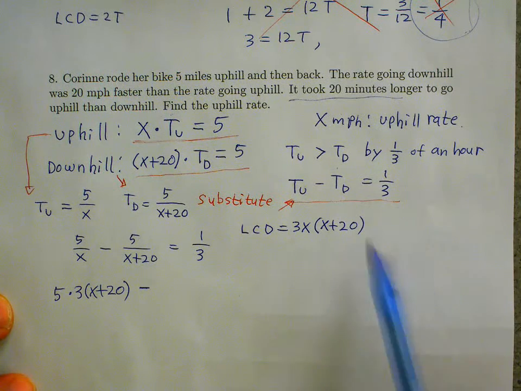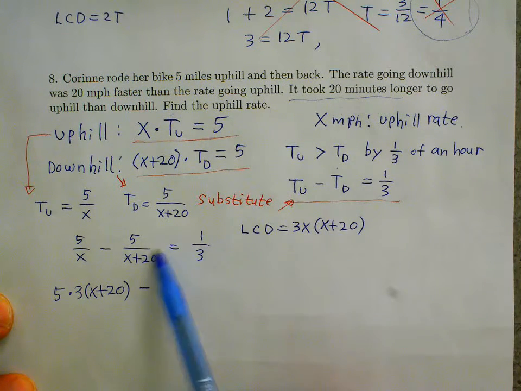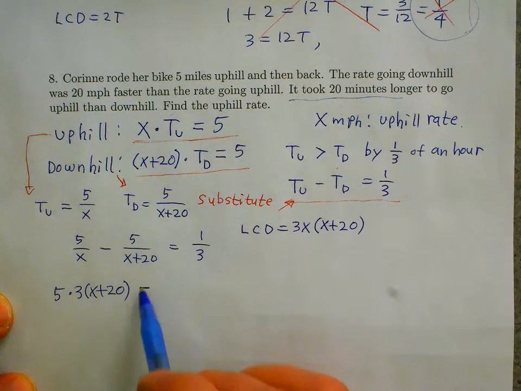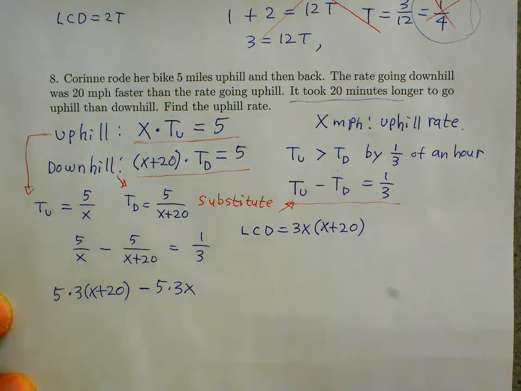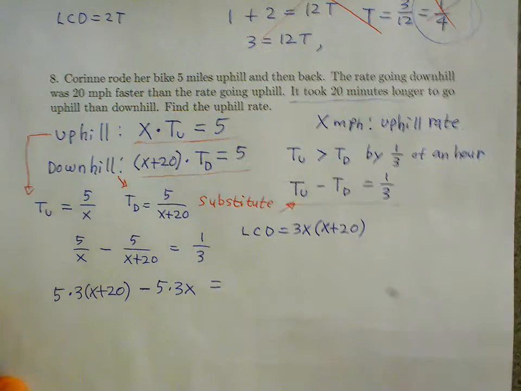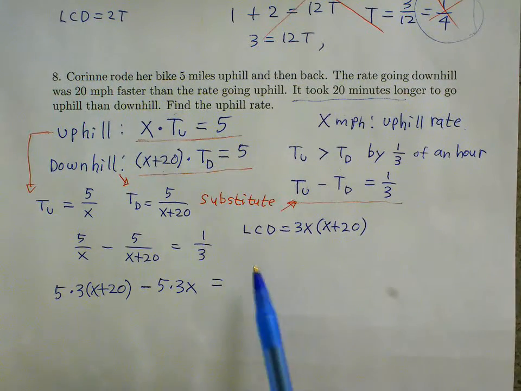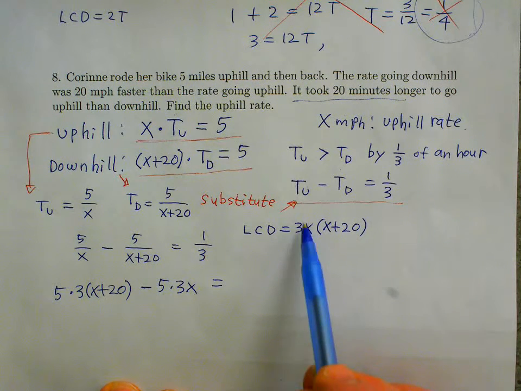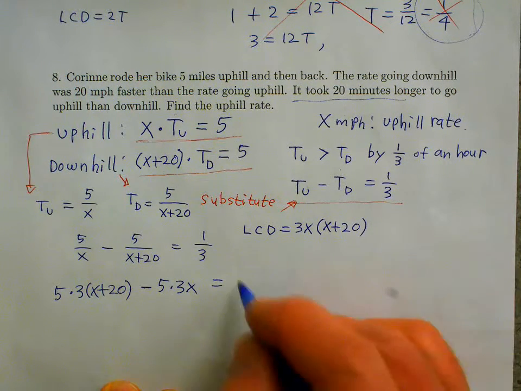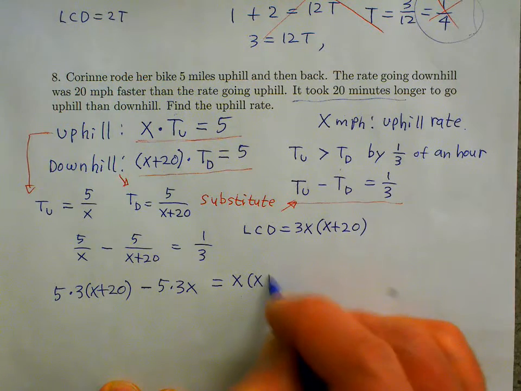This time, the x plus 20 factors cancel, and we're left with minus 5 times 3x. On the right-hand side, when we multiply the least common denominator by 1/3, the 3's cancel, and we're left with x times x plus 20.